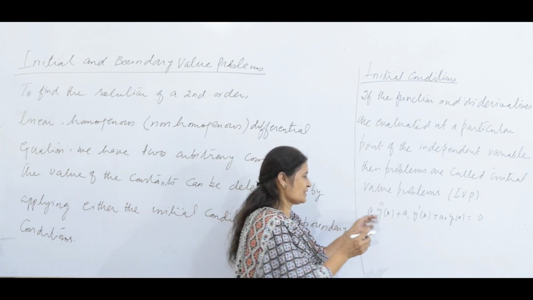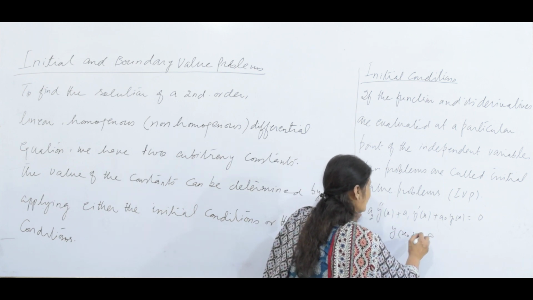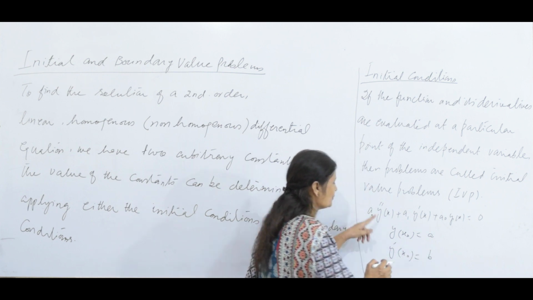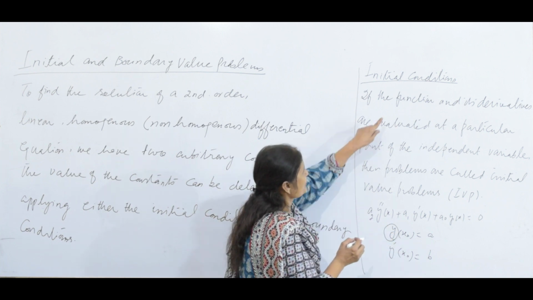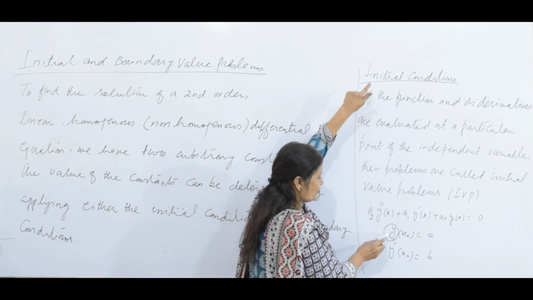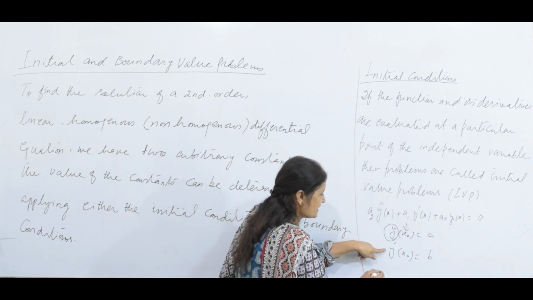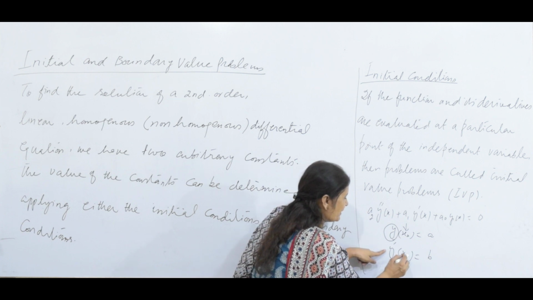Let me have this equation, and the conditions I am having: y of x naught is, suppose, A and y prime of x naught is, suppose, B. So these are two conditions. This is the unknown function I am talking about, y, and this is the independent variable. Similarly, this is y prime, and here this is the independent variable.